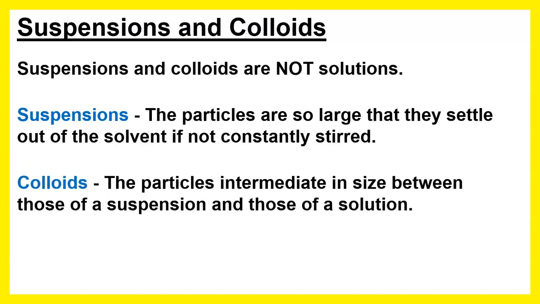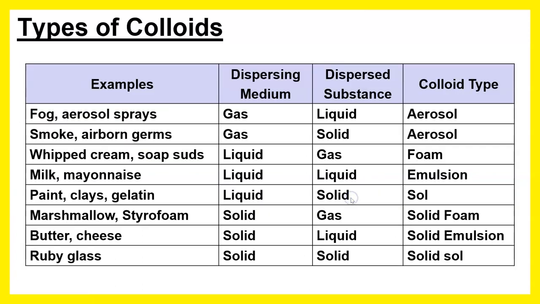Colloids are strange things because they're an in-between. They're not considered small enough to be a solution. They're not considered big enough to be a suspension. They're this in-between. And colloids have really interesting properties. There's a lot of everyday real-life things that are colloids that you probably didn't realize. Things like fog, smoke, whipped cream.